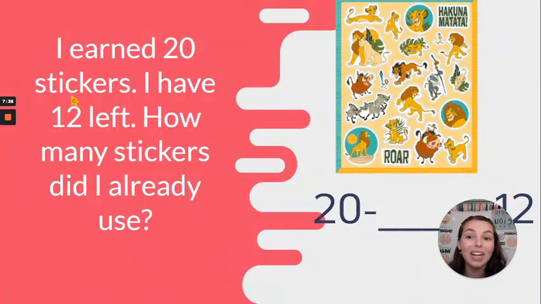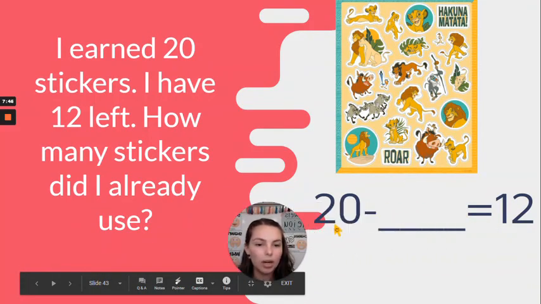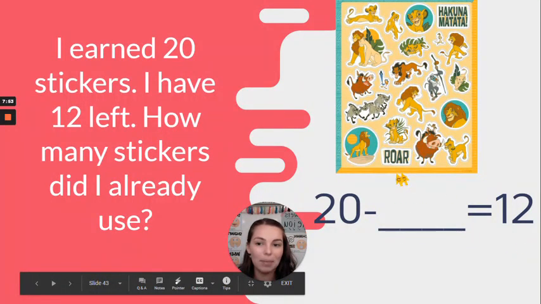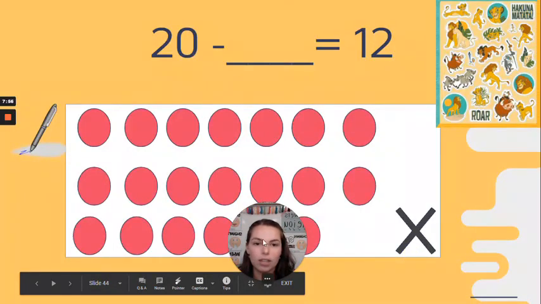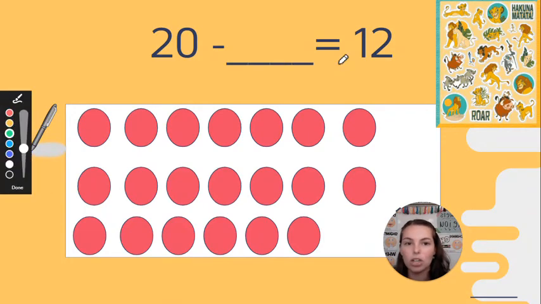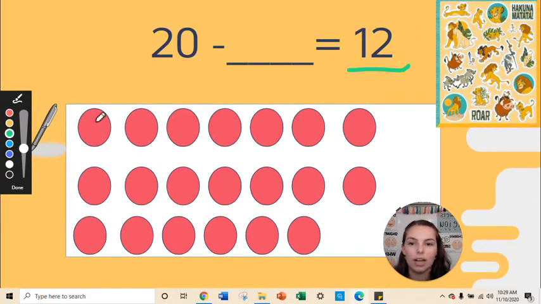I earned 20 stickers. I have 12 left. That means I used some. How many stickers did I already use? Let's see. 20 stickers to start with. Here's 20 Lion King stickers. And I used up some. So I only have 12. How many did I already use? So let me draw 20 dots. That's a lot of dots. And then I'm going to circle what I have left over. I have 12. So 1, 2, 3, 4, 5, 6, 7, 8, 9, 10, 11, 12.